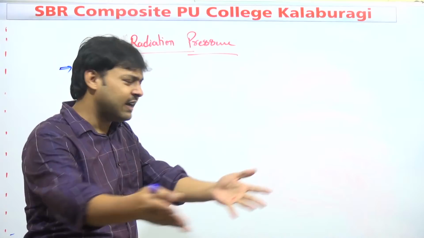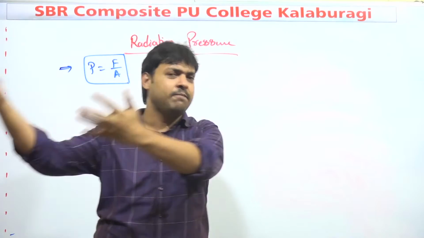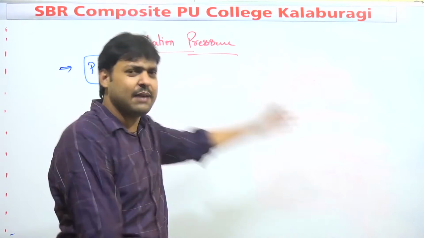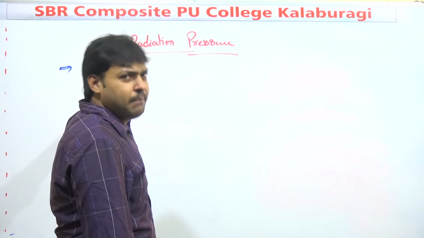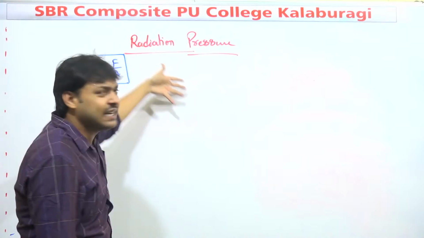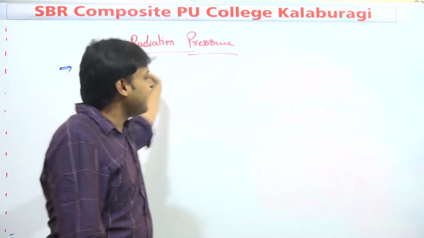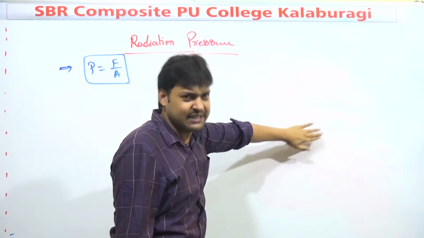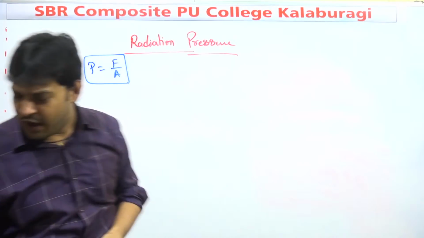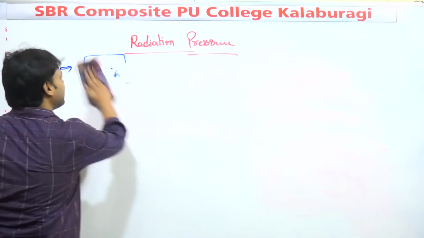Like the number of photons we took from electrostatics, the same here also. If the photons are not striking perpendicular to the area, then we have to resolve into components, as we already discussed. Right?